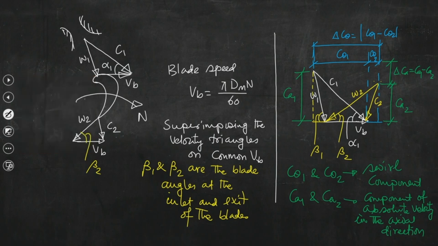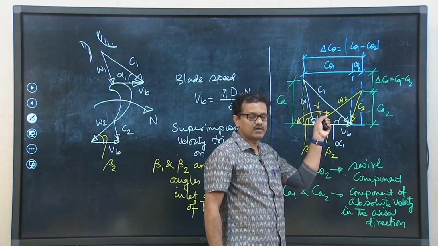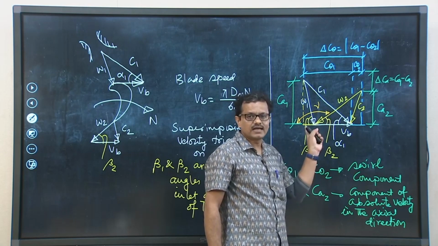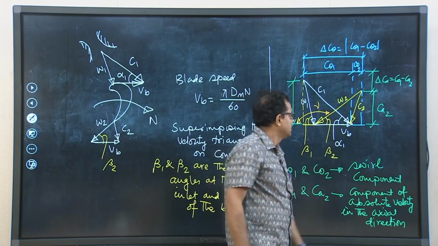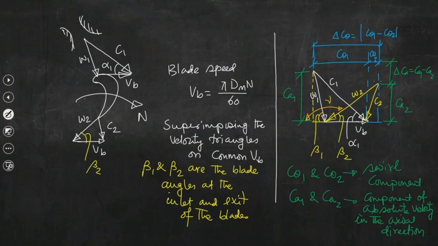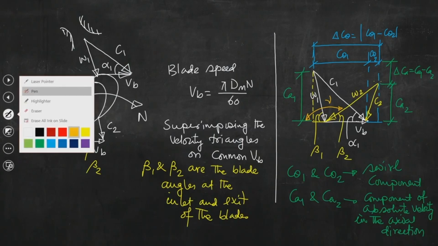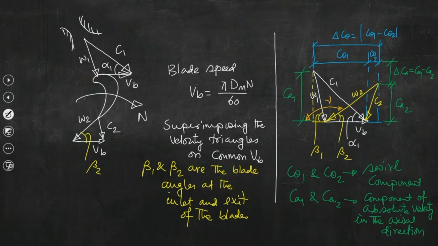If we draw the angles in the clockwise direction, this angle is gamma, the exit blade angle, that is nothing but 180 minus beta 2.